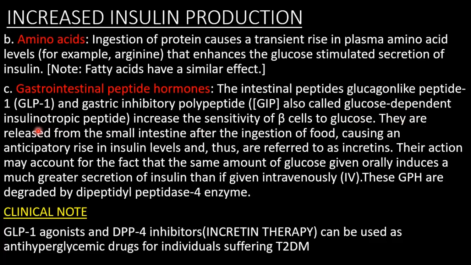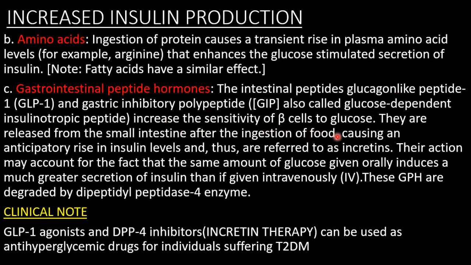Okay, they are usually released. This glucagon-like peptide is released by the L cells, and the GIP is released by the K cells, and as the name says, gastric, the stomach. Now they are usually released from the small intestine after ingestion of food.